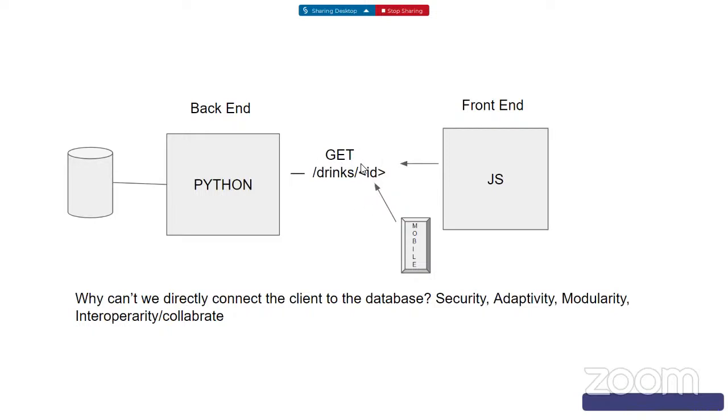Why do we need this structure? What is the advantage? Intuitively, this should be quicker if you just directly communicate with the database, right? But why do we need to add an API here at the middle point, as the media for these two applications? There are a few reasons.